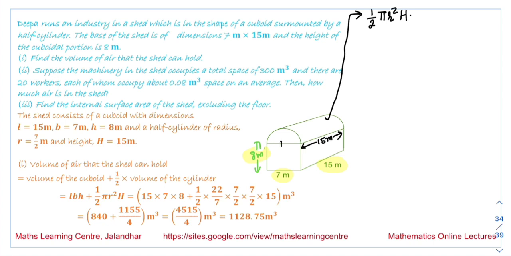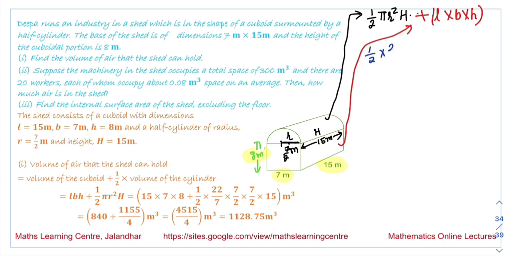The radius of this cylinder is equal to 7 by 2 meters. And the volume of this cuboidal portion is equal to length into breadth into height. If we substitute these values over here, we will get the answer.